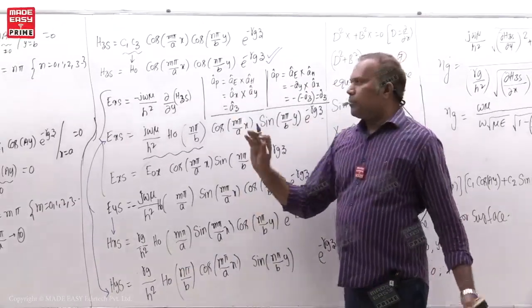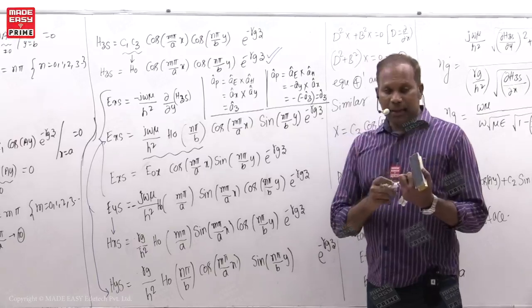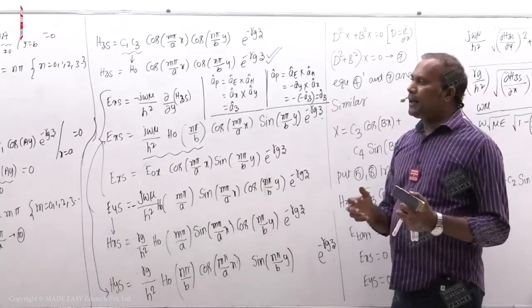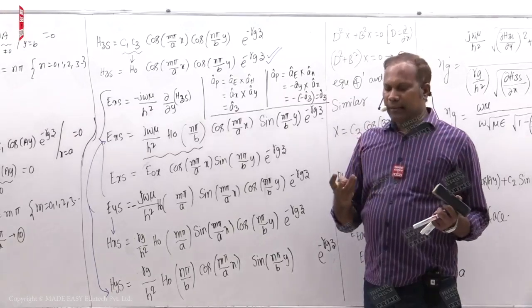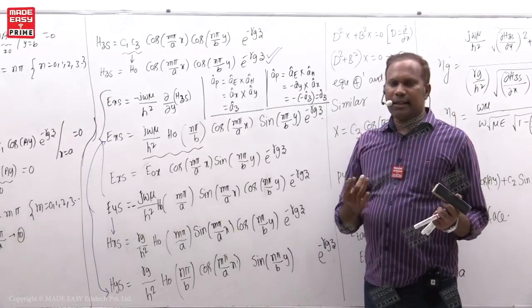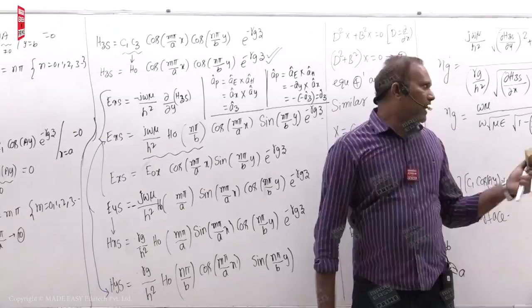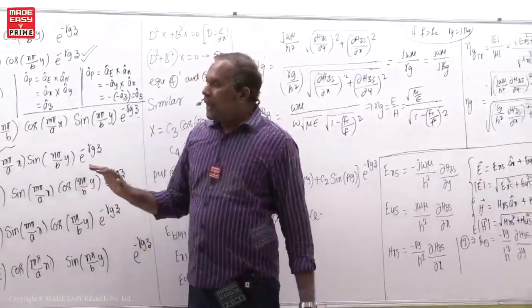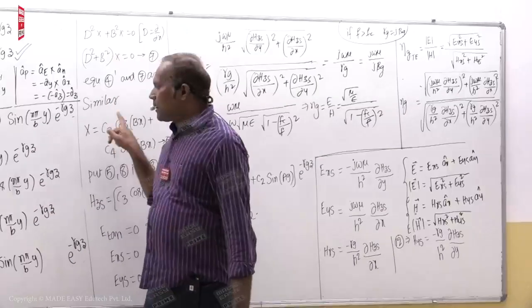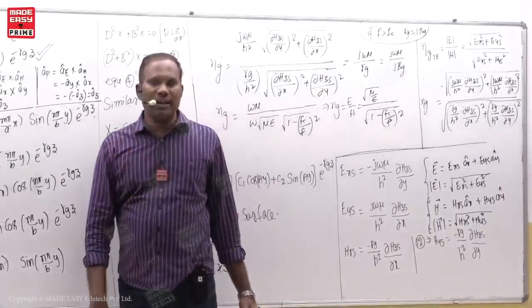By taking them, we will write the equations. After that, I will tell you the sequence. We have to remember the equations like Fc, beta g, phase velocity, guide wavelength, and intrinsic impedance, which I have derived here. Till now, I did not put any equation in the box. That means you also should not put any equation in the box.